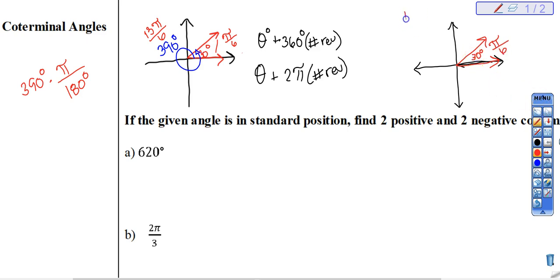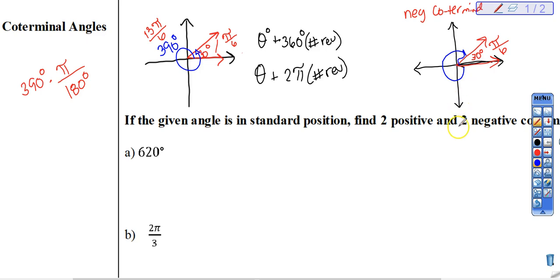And we're going to find some negative coterminals. So what would I do? If it's negative, I go clockwise from my initial position, right? And the angle has to be exactly the same: same initial side, same terminal side, but in a negative direction, I would go from the starting point clockwise.